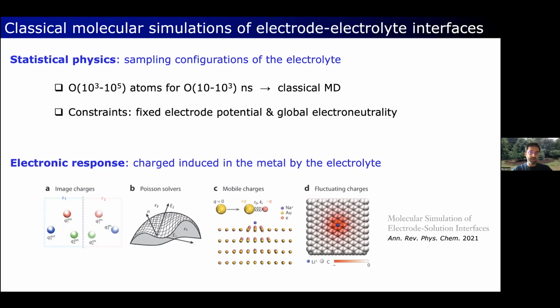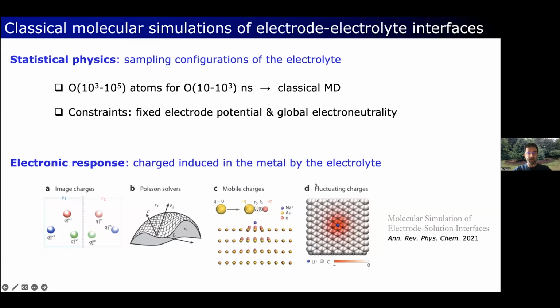As I've mentioned also in the title of this presentation, you still need to include in this classical description some features of the electronic response of the metal, and there are several ways to do that. Here is a figure from a recent review, if you're interested.